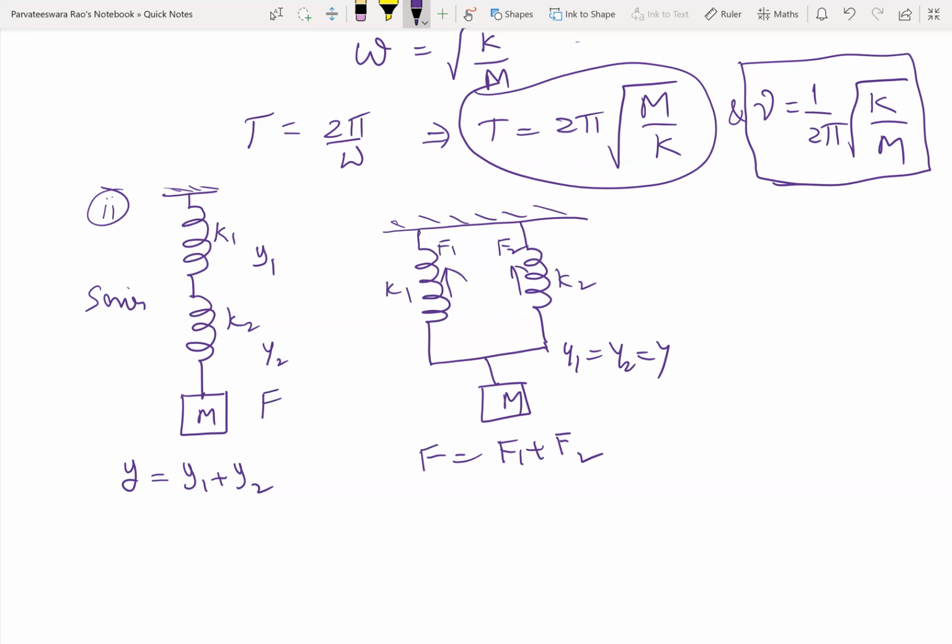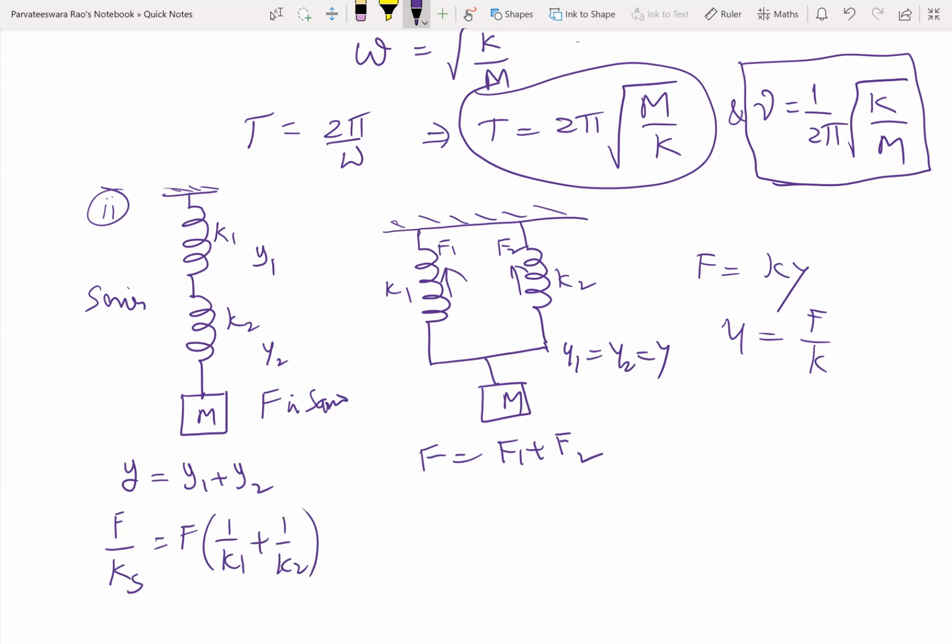Here F is the same, load is the same. So y is equal to F by k. Here y is the total extension of both the springs. Therefore it becomes F by Ks, which is F into 1 by K1 plus 1 by K2.